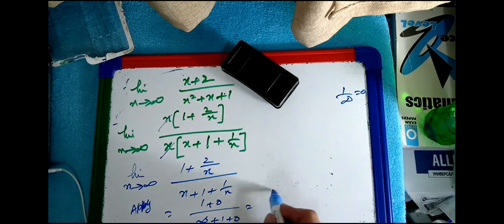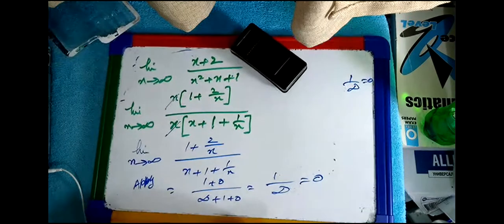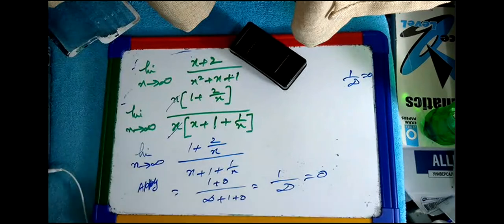So finally you will get 1 upon infinity, that is 0. Infinity plus 1 plus 1 over infinity, which is 0. Wait, isn't it 1 over infinity plus 1? Yes, infinity plus 1 plus 0, because 1 upon infinity is again 0. So finally the answer will be 1 upon infinity, and 1 upon infinity is 0.